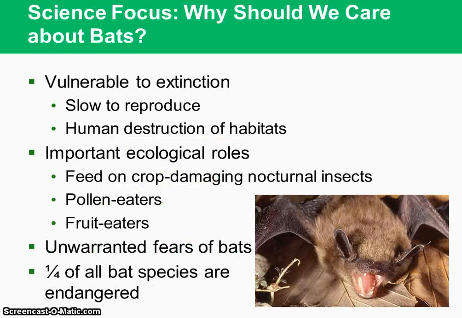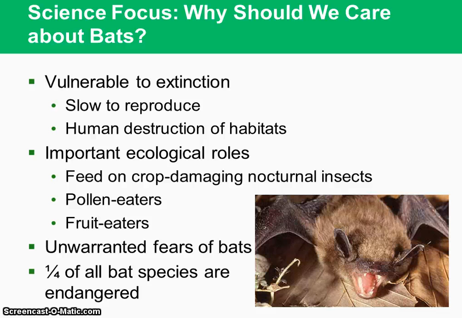Bats are one of those species that is under attack because people don't tend to like them. They are vulnerable to extinction because they are slow to reproduce, and humans have destroyed much of their habitat. But they're very important ecologically. They feed on insects that would damage crops. They eat fruit, and so they're also transferring pollen.